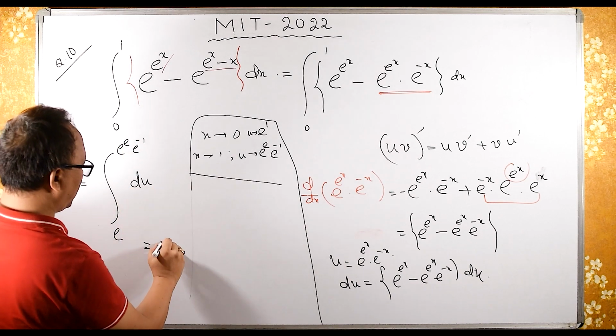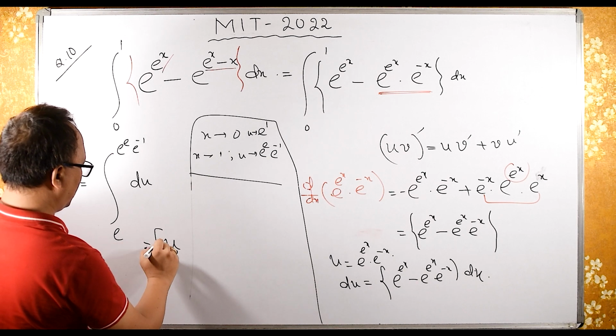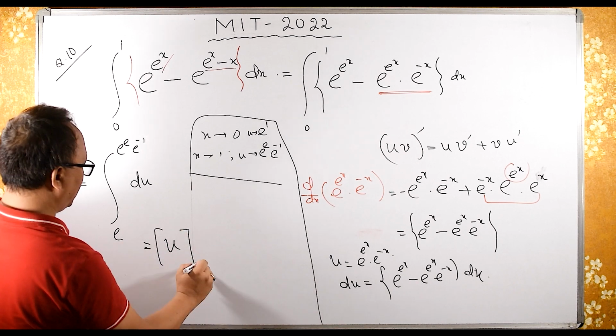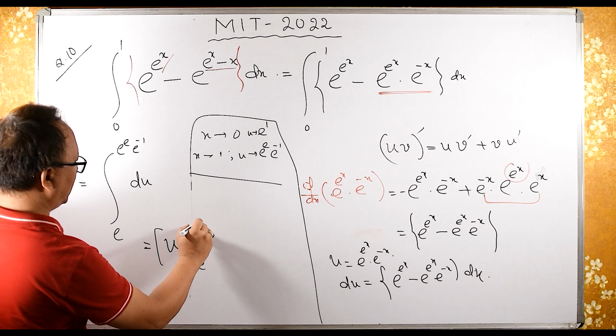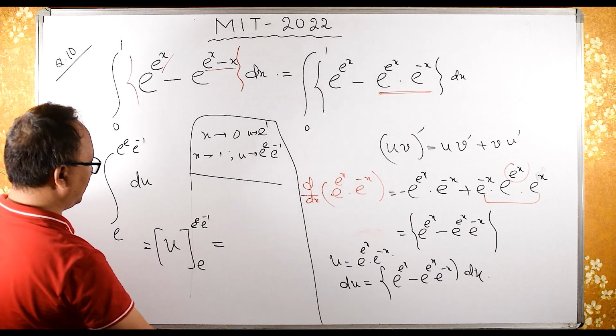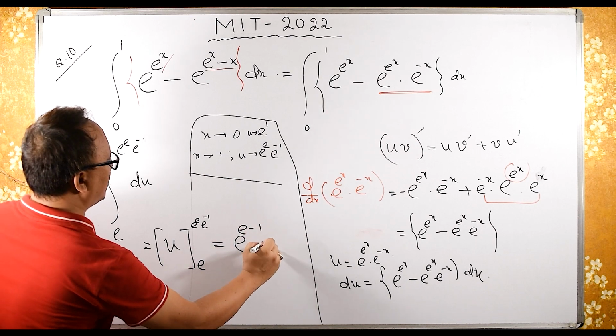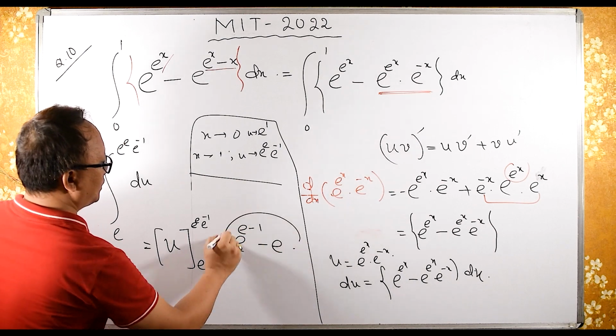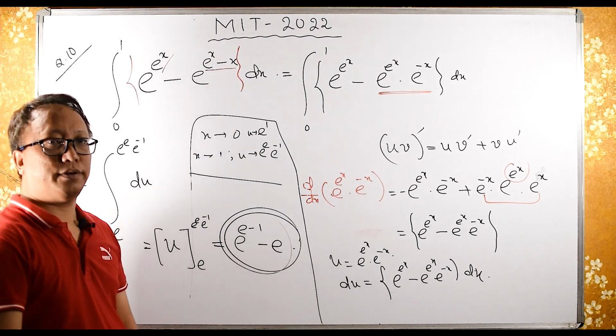This integration becomes u, upper limit minus lower limit, e raised to e minus e raised to minus 1, which equals e raised to e minus 1 minus e. So this is the required answer.